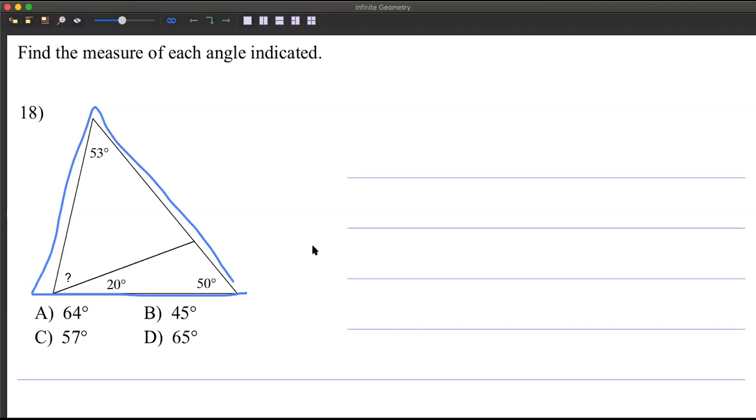So just look at that big triangle. You have two of its angles already. That one's 50, that one's 53. So if I do 180 minus 53 minus 50, this whole angle right here has to be 77. If the whole thing is 77 and this little piece is 20, doesn't that mean this piece has to be 57?